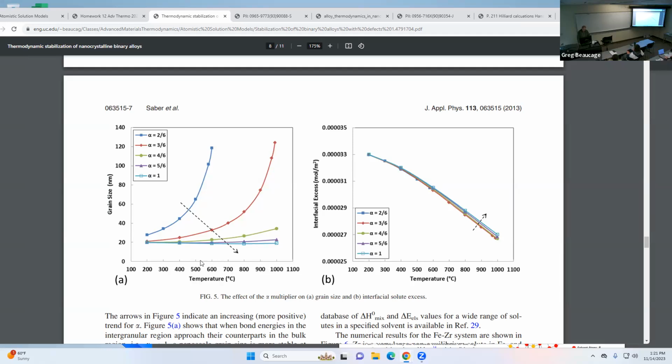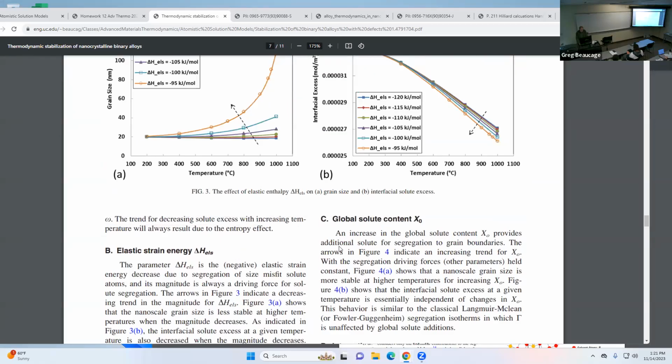As you increase the temperature, the entropy increases over the enthalpy, so you tend to get more mobility or something. Somehow they're randomizing more, and they reach a larger grain size. This metastable equilibrium size gets larger because the entropy part becomes more dominant.